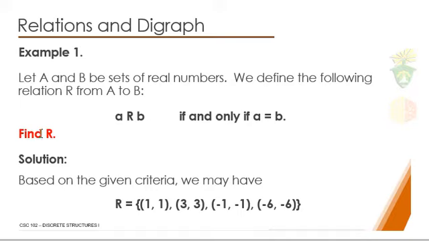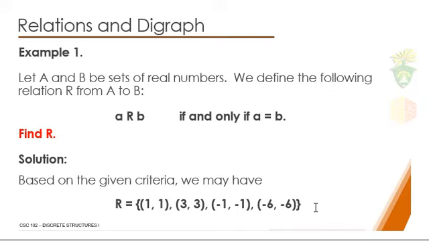So, muna siya. You need to find R, or the relation. So, solution, based on the given criteria, we may have the given relation. So, this relation having 1, 2, 3, and 4. So, natay 4 elements. So, the ordered pairs (1, 1), (3, 3), (-1, -1), and (-6, -6).